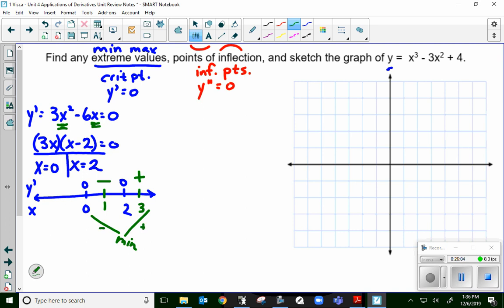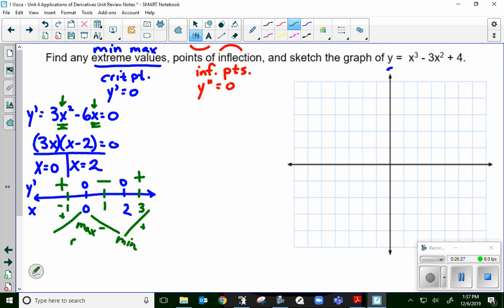Let's pick negative 1. If I square negative 1, that gives me a positive 1 times 3, which is positive 3. Negative 6 times negative 1 is positive 6. 3 plus 6 is positive 9. Positive slope, so that means I have a max here.